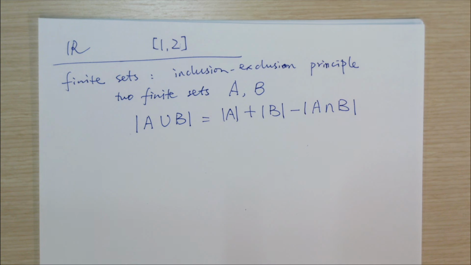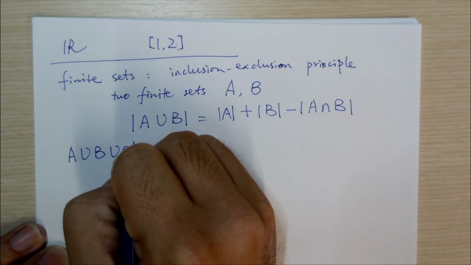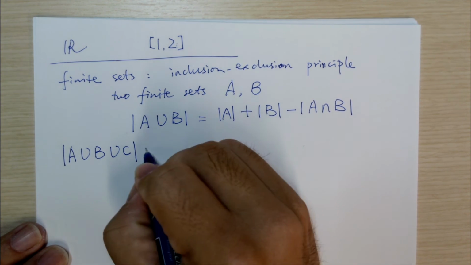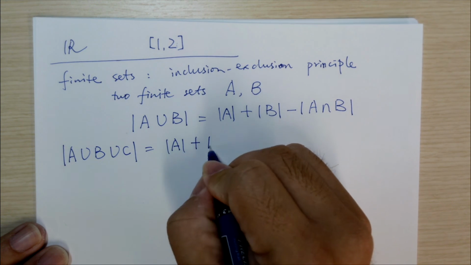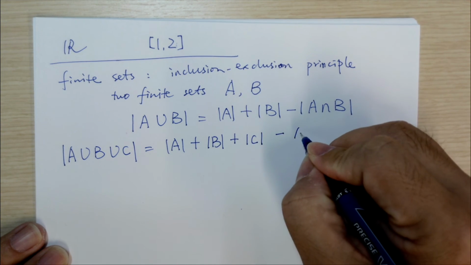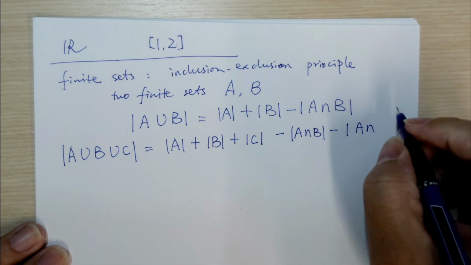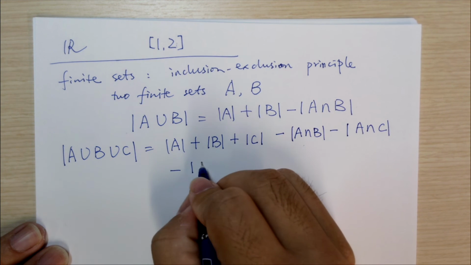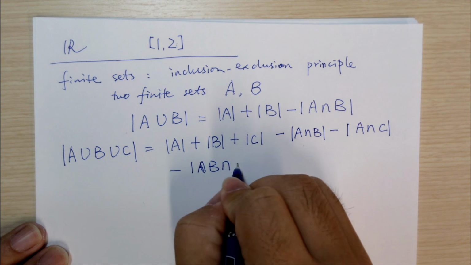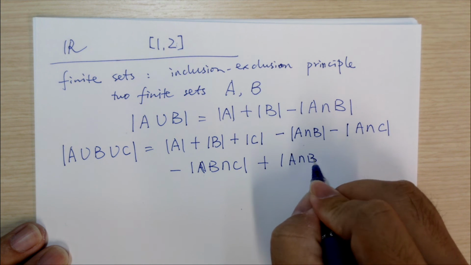And of course we can extend it to three sets. For A union B union C, the cardinality equals the cardinality of A plus the cardinality of B plus the cardinality of C, then subtract the cardinality of A intersect B, subtract the cardinality of A intersect C, subtract the cardinality of B intersect C, and then plus the cardinality of A intersect B intersect C.